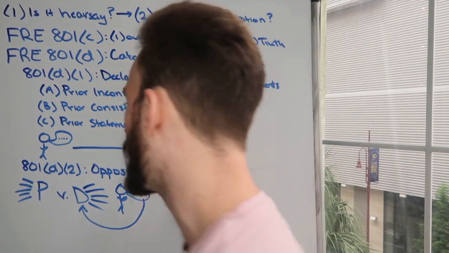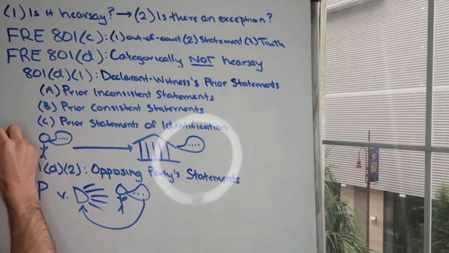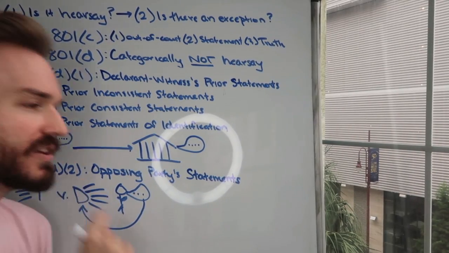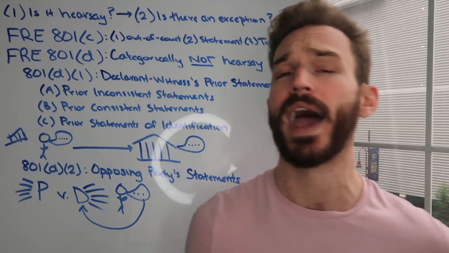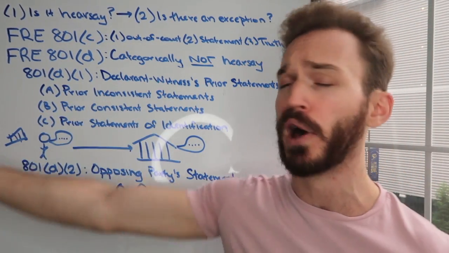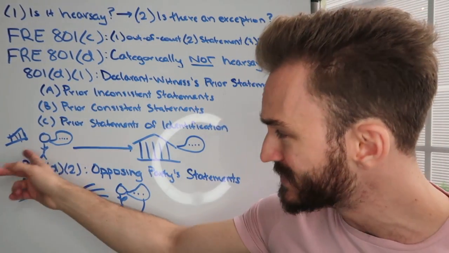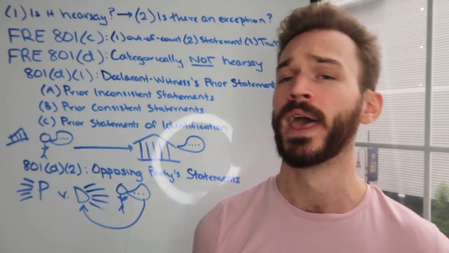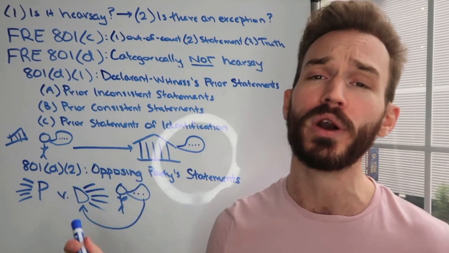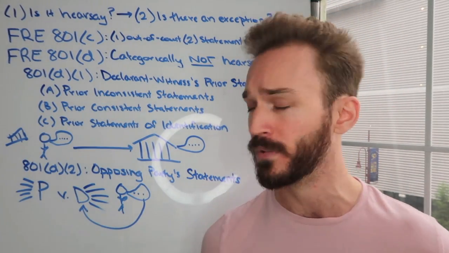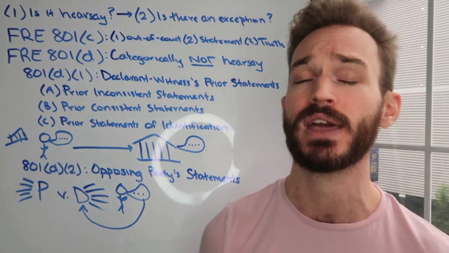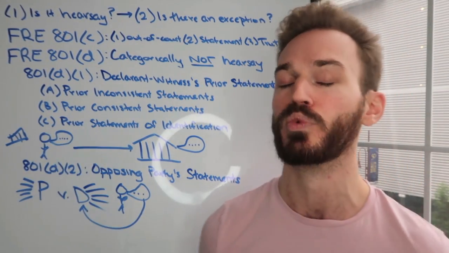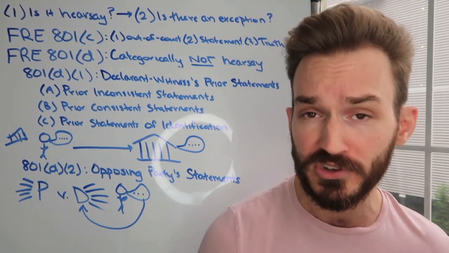Say this happened in a different courtroom where this person was under penalty of perjury. It doesn't have to be in a courtroom. Any proceeding, right? He could have been deposed under penalty of perjury. But if this declarant witness under penalty of perjury made this prior inconsistent statement and now he's testifying in court at our current trial and is subject to cross-examination, we can bring in that prior inconsistent statement to prove the truth of the matter asserted in that statement. We can bring it in for substantive purposes.